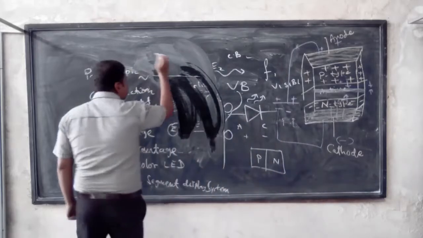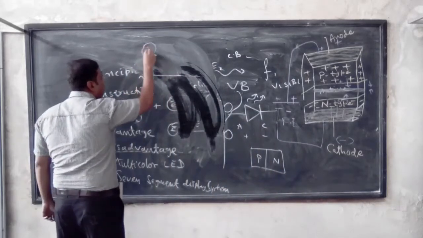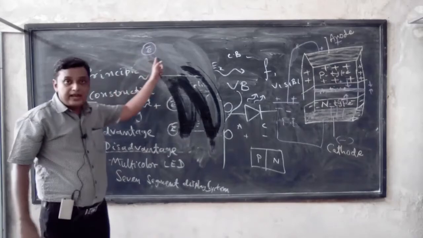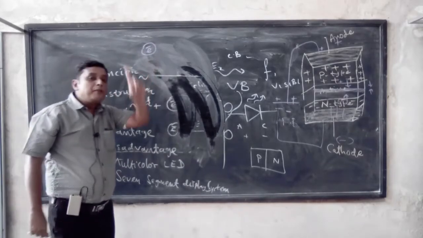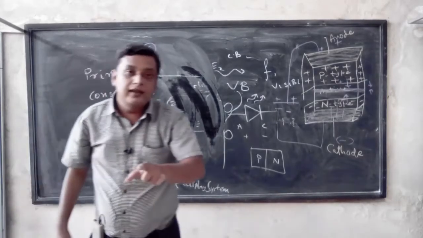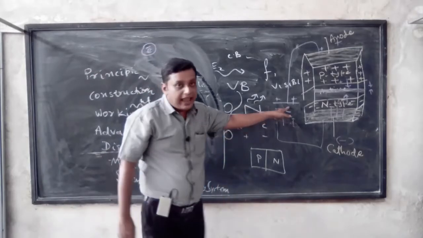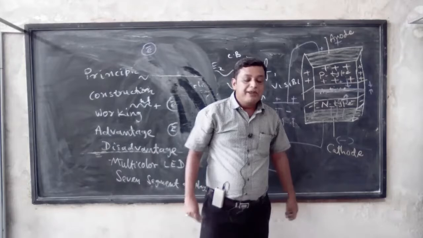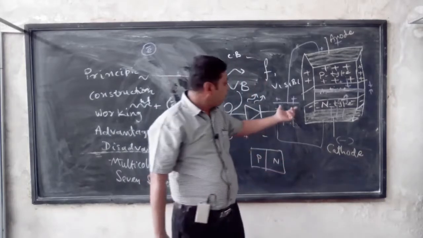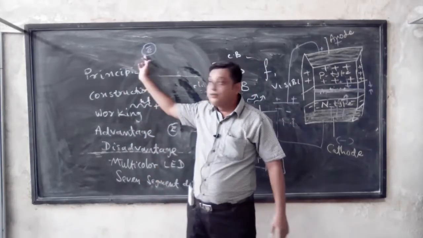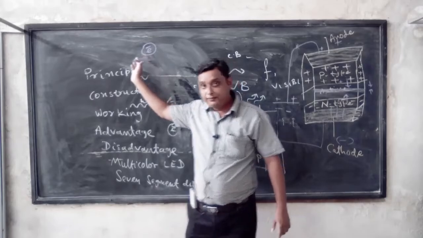So what happens? This is a recombination. Recombination takes place after I apply the forward voltage across the LED. Before applying this forward voltage, there will be no recombination.